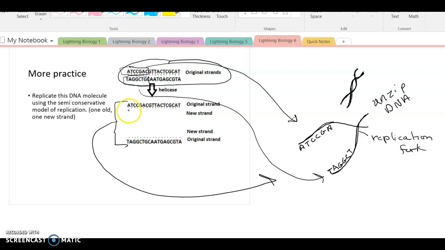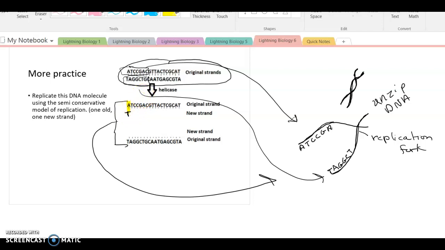So right here I have, so I'm going to start right here, okay? So I have an A. DNA polymerase is going to call in a nucleotide that has the complement to A, and so it would call in T. And so T would get called in.